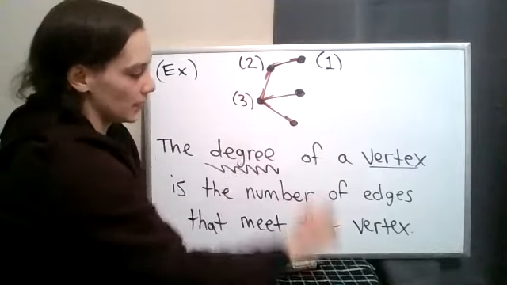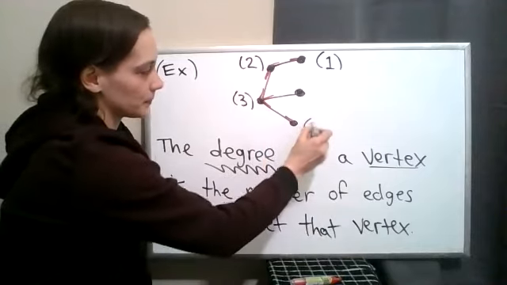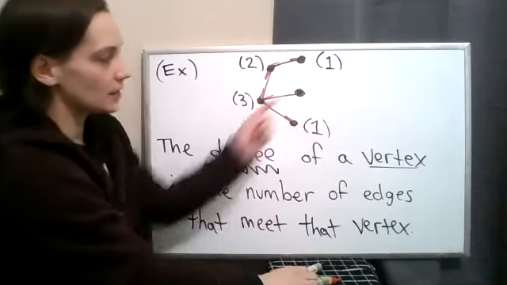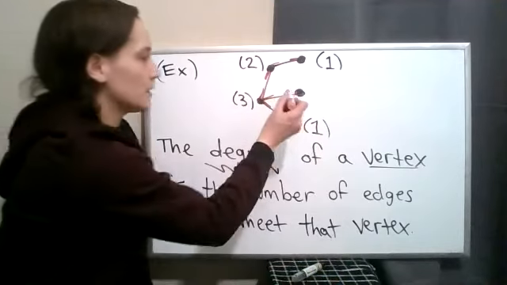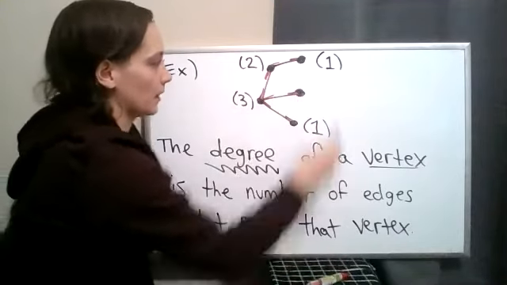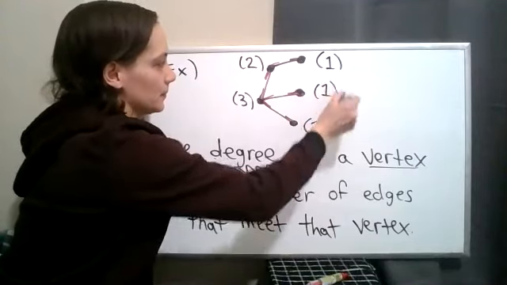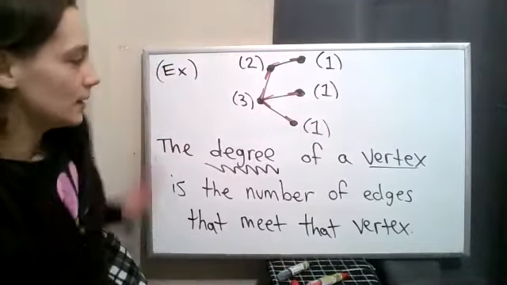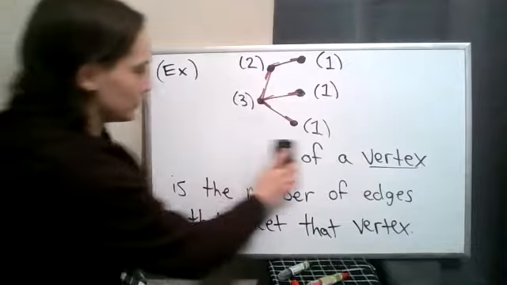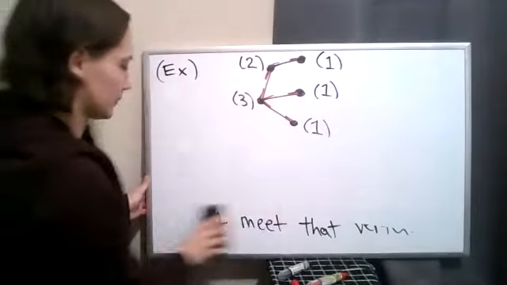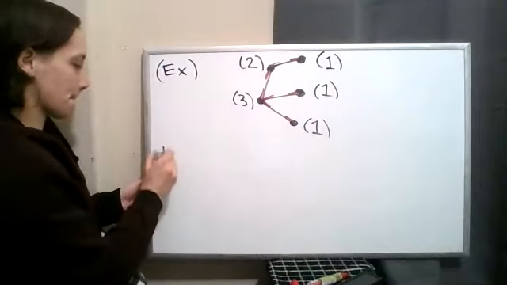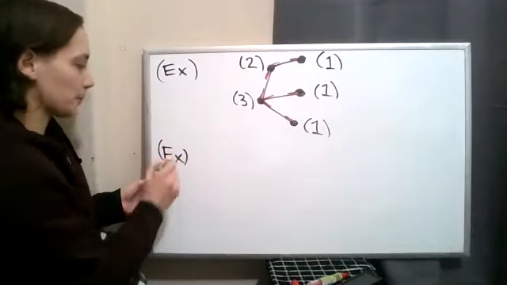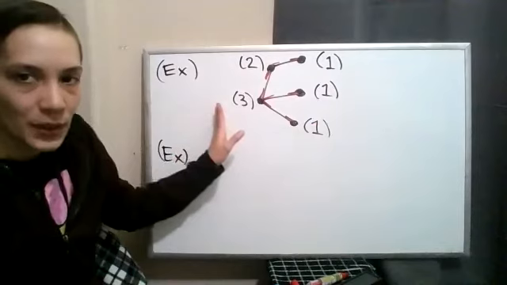There's one connection there, it's degree 1. And the last one is degree 1, just one edge connected to that vertex.